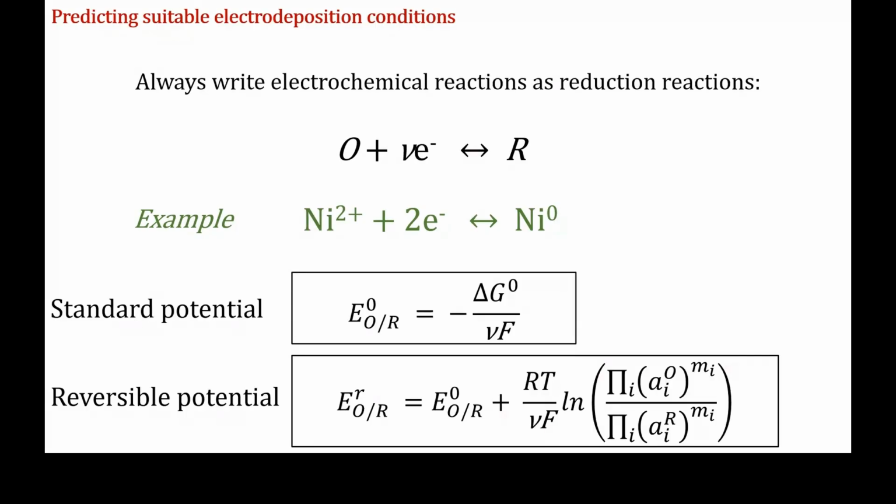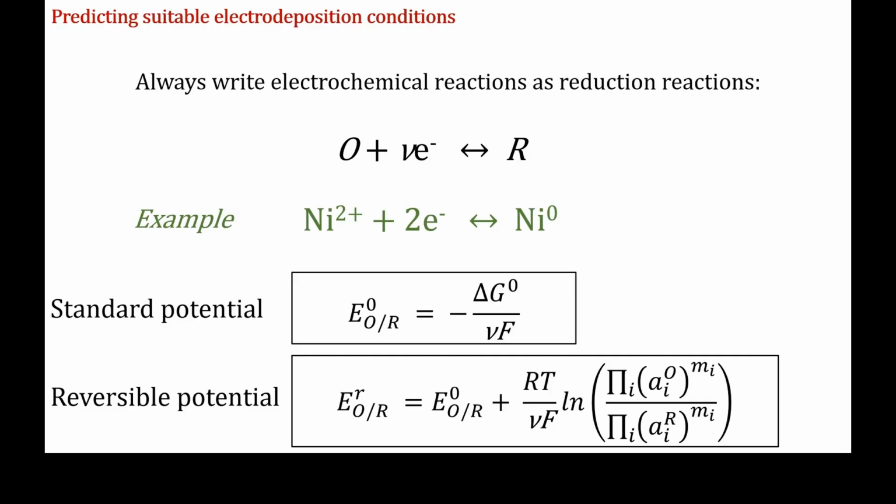So to get an equilibrium potential that's more relevant to the system, we extend the standard potential, or rather we correct it based on what we've got in solution. So this is the official formula. I'm not going to go into it too much, but you can see that in addition to the standard potential, the correction term involves the concentrations of the products and the reactants for this particular electrochemical reaction.